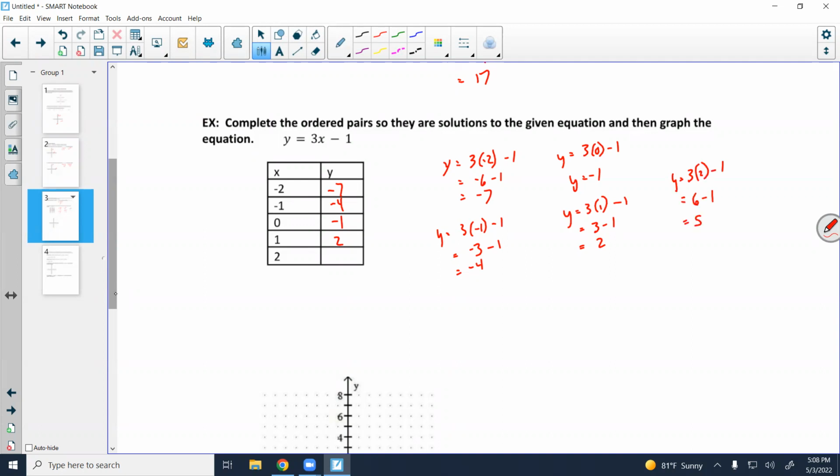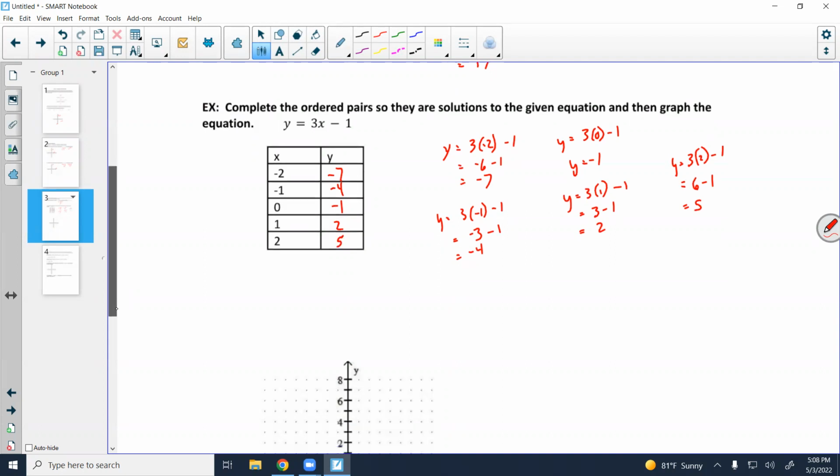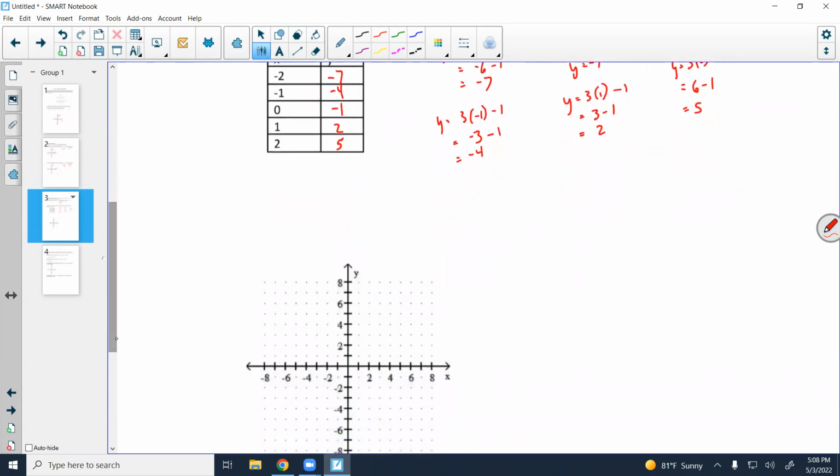So now we have 5 points. Let's plot our points. (-2, -7), (-1, -4), (0, -1), (1, 2), and (2, 5).